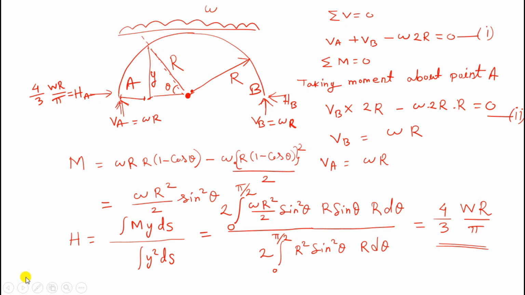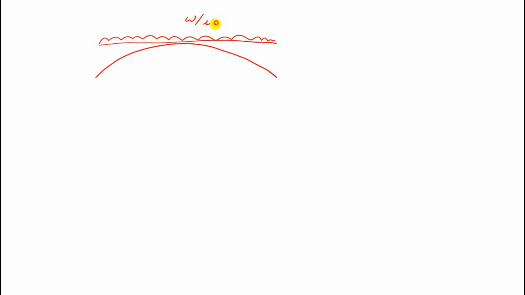Now let us try to solve another example, that is a parabolic arch subjected to a UDL W per unit.